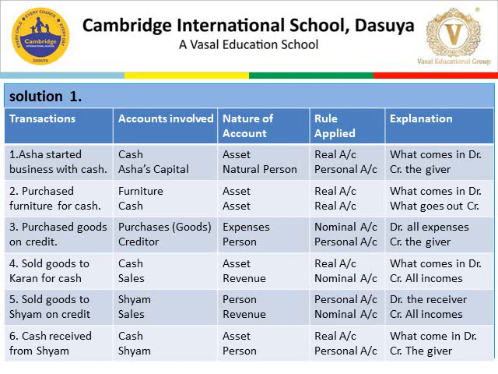Number 5, sold goods to Sham on credit. In the fourth transaction we sold goods for cash, so we were getting cash. Now in transaction number 5 we sold goods, but we are not getting anything. So a new account will be created. The person to whom we have sold the goods is our debtor.